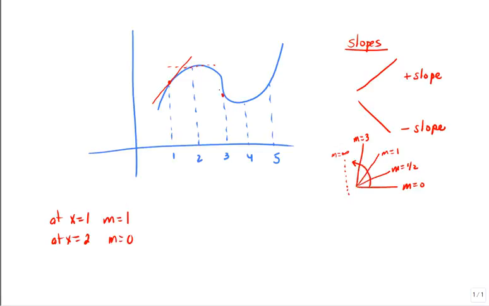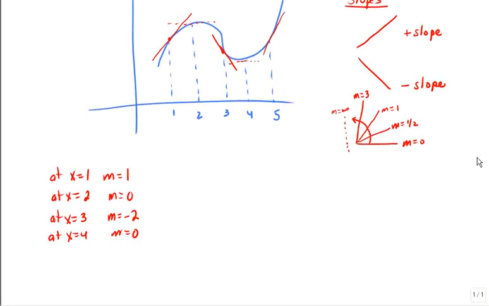At 3, the slope of the tangent line, remember the tangent line just touches it at one point, it's decreasing, so it's negative. So at x equals 3, let's say the slope is negative 2, because it's kind of steep there. At 4, it's flat, so it's 0. And at 5, it's kind of steep, so let's say the slope is 3, positive.